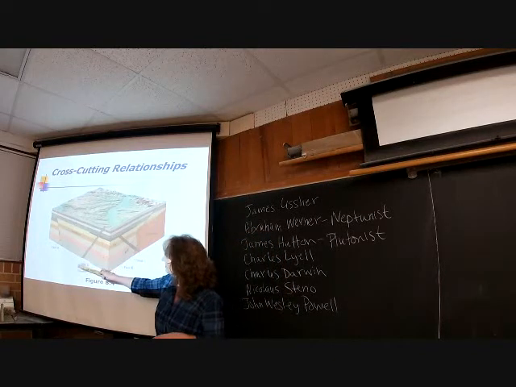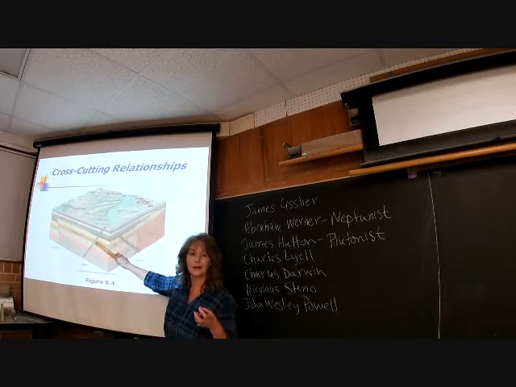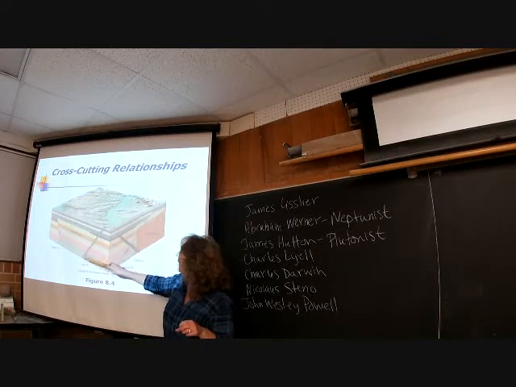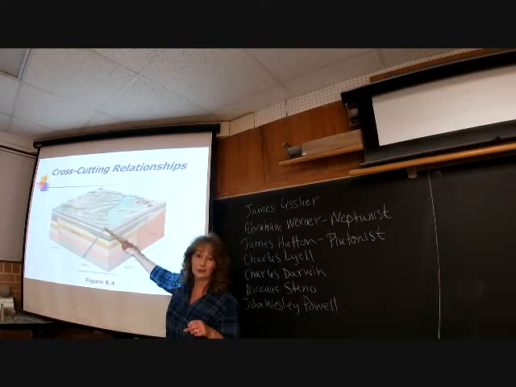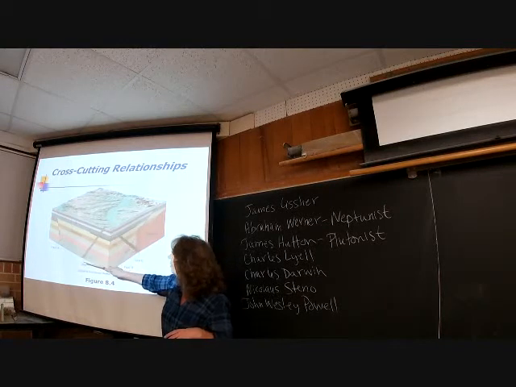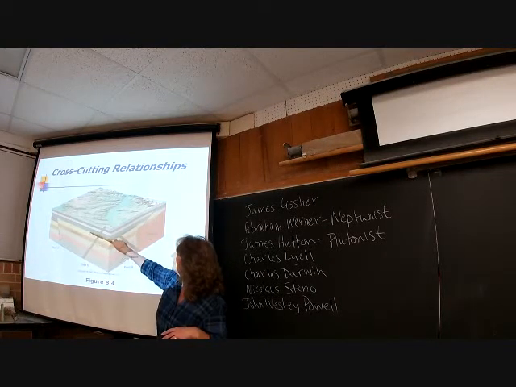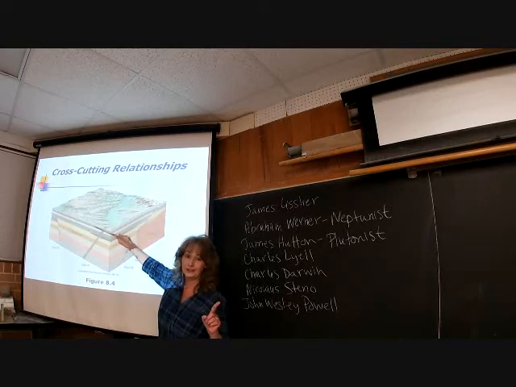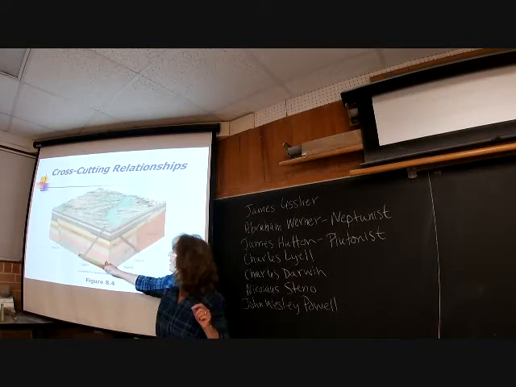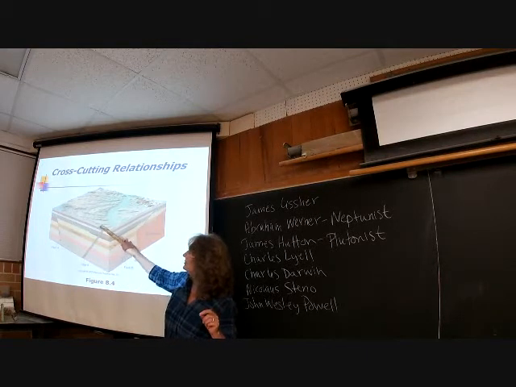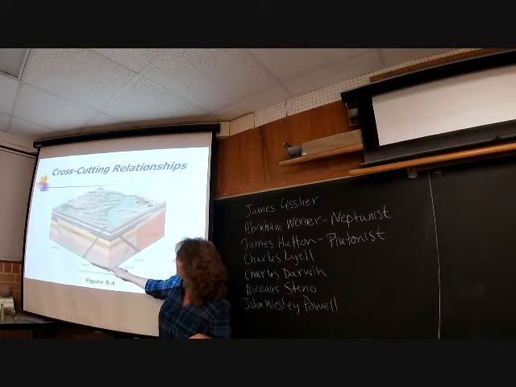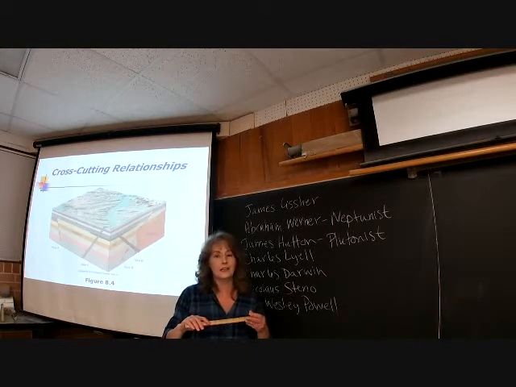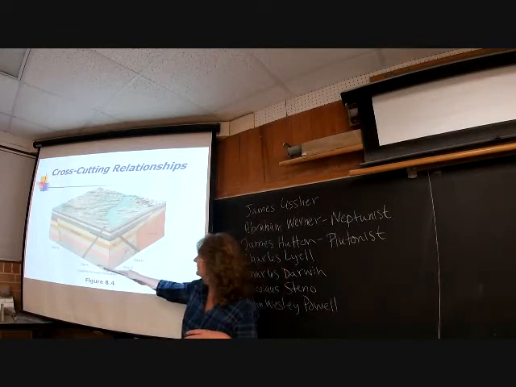On this one, here we have a dike, so an igneous type of intrusion. Remember our dikes? It's going all the way up through that very top layer. So this is a much more recent event. All of those rock layers had to have been deposited first in order to be cross-cut by this dike here. So the dike is a very late event. This tannish layer down here would have been the first event, the first rock layer, so that's the oldest event.